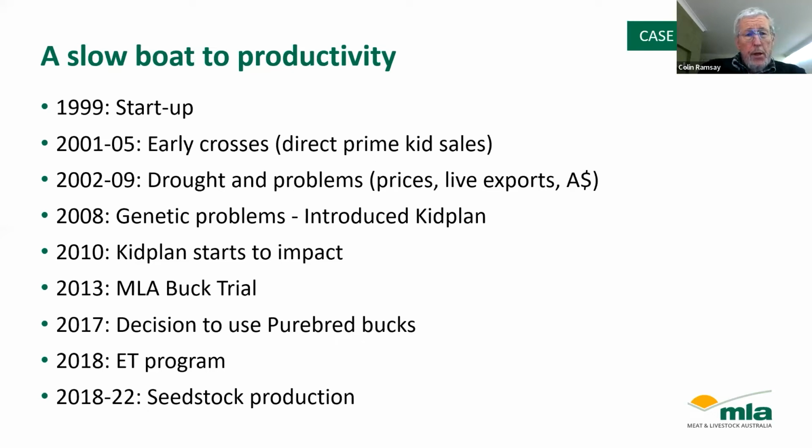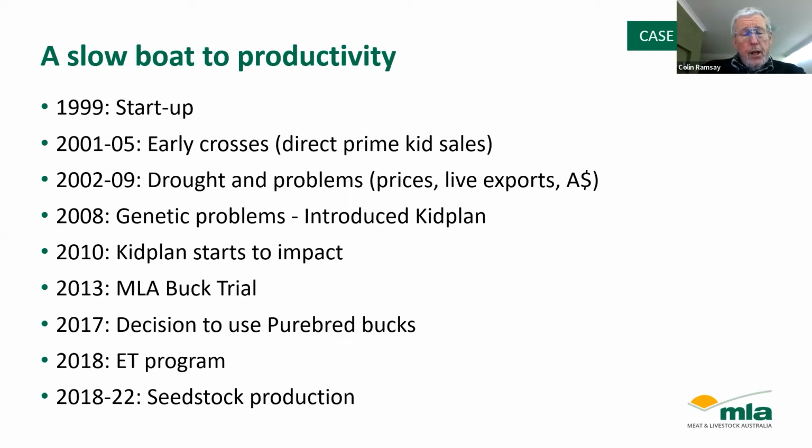Through that period, we were wrestling with all sorts of production and husbandry problems, and we started to realize that fundamental to everything was genetics. So we went looking for a genetic solution and found KidPlan, which had pretty much died at that point. From about a couple of years after that, KidPlan started to make a difference.